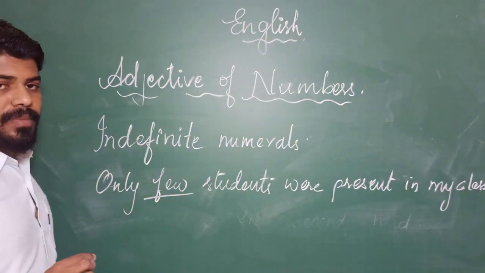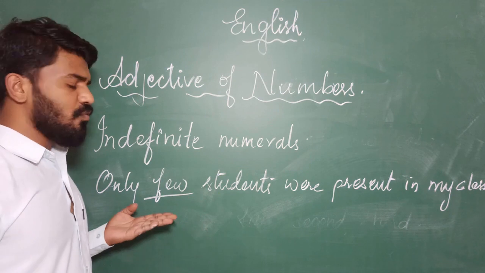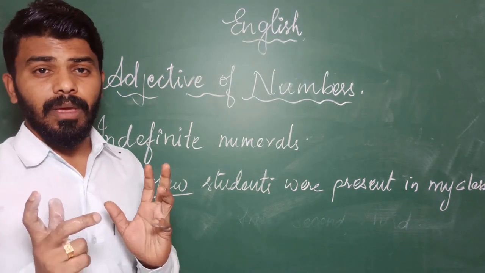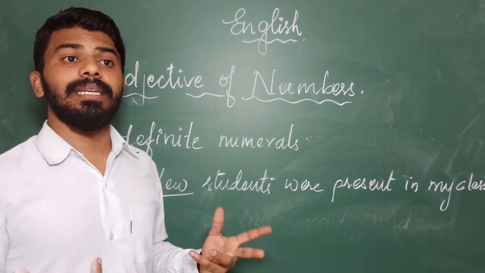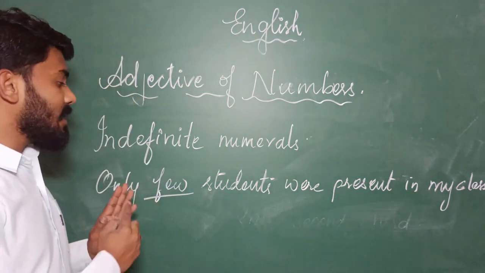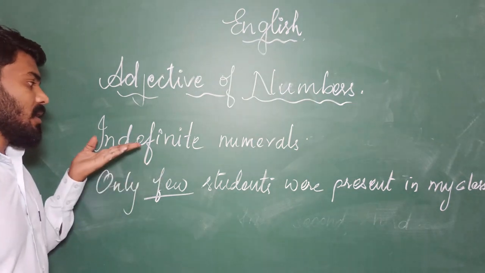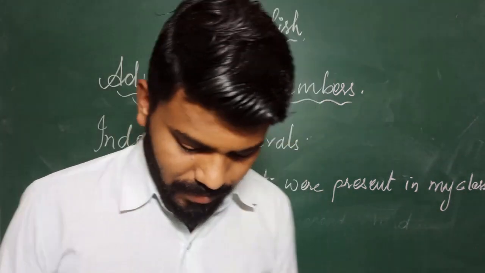This few is an indefinite numeral, which does not tell the exact number. It is few, maybe 6, maybe 20, maybe 100. It depends upon the crowd. Okay, it doesn't tell us the exact number. So this is called an indefinite numeral.